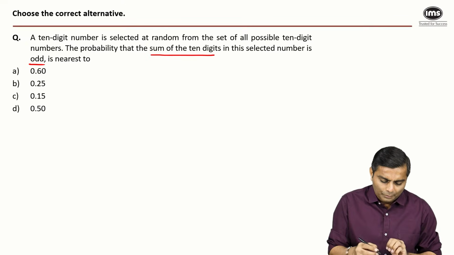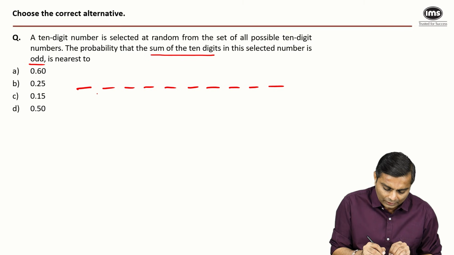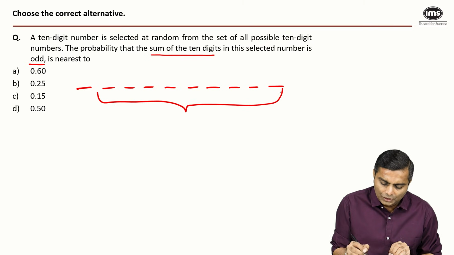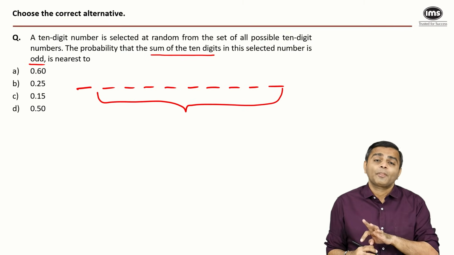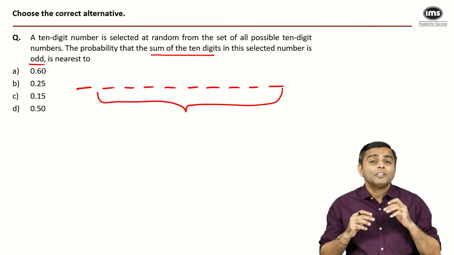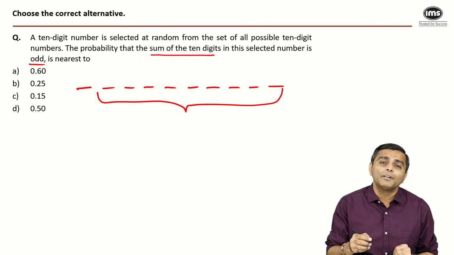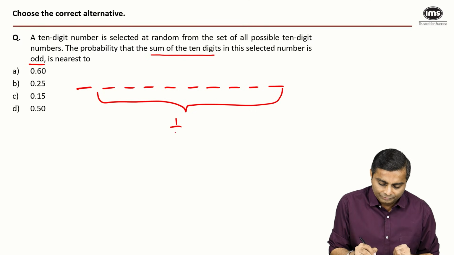We'll first do that bit. Okay, so first place, second, third, fourth, fifth, sixth, seventh, eighth, ninth, and 10th. Everything from here, we have 10 choices. And we have to understand that out of these 10 choices, 5 are odd, 5 are even. Which means the probability of having an odd digit or an even digit is always going to be half.